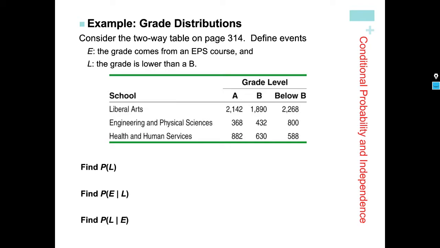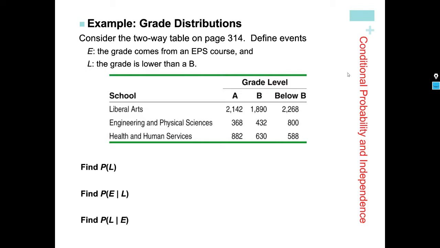We have E, the grade coming from an engineering and physical sciences course, and then the event L, the grade is lower than a B. So in other words, we're focused on this row, engineering and physical sciences row, and then this column below a B. So first off, we want the probability of L. Probability of L, so the probability of below a B.